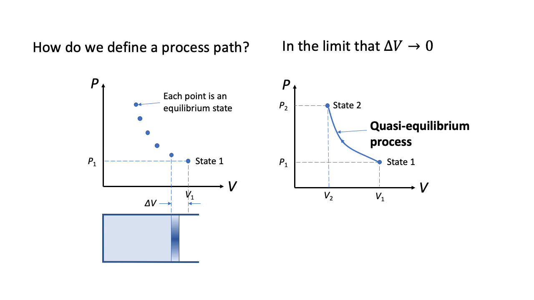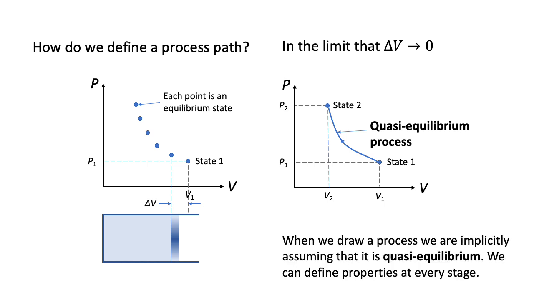Every point along this path represents an equilibrium state where we can define the system properties. And it's important to understand that when we draw a process, we are implicitly assuming that it is quasi-equilibrium, and we can therefore define the properties at every stage along that process.